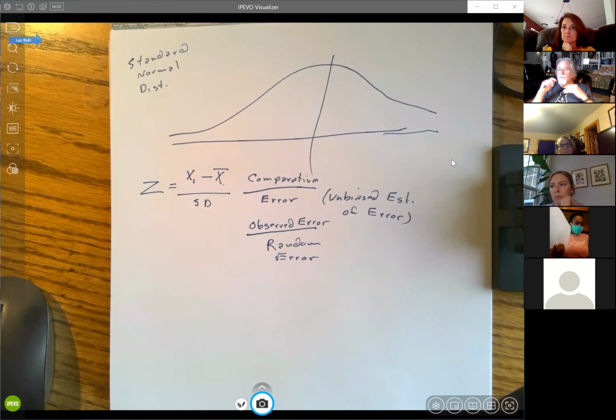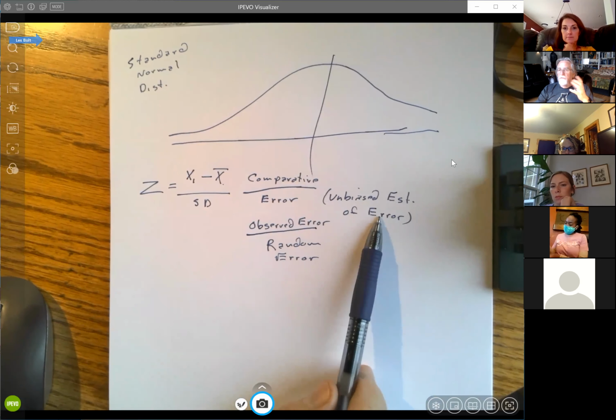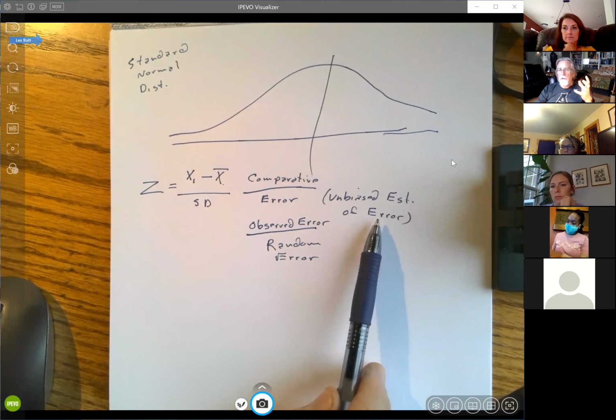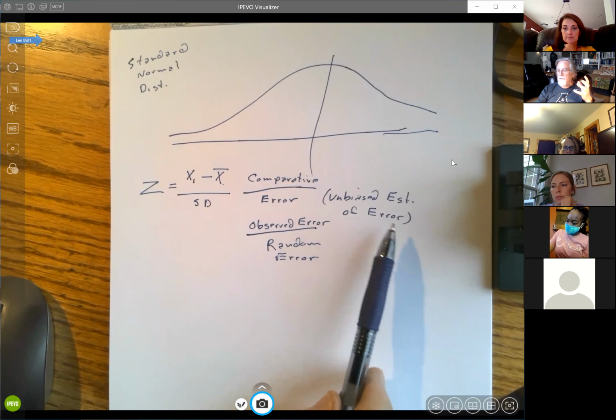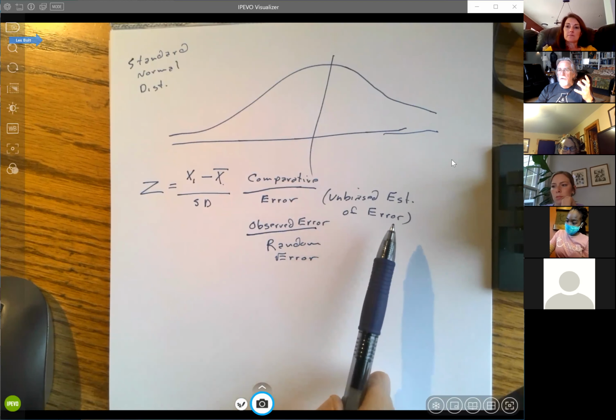Well, we're not at infinity in anything that we might do. In fact, it would be an absurdity to say that we're operating at infinity. And so that's why we call these things unbiased estimates of error, because we really don't know. We're just taking our best shot at using mathematical processes to develop this notion of unbiased estimate of error.